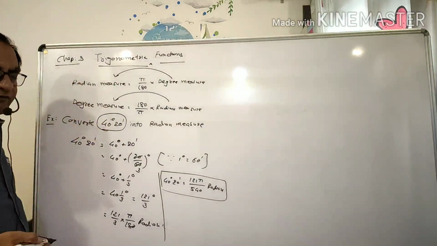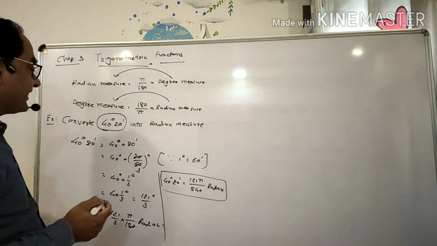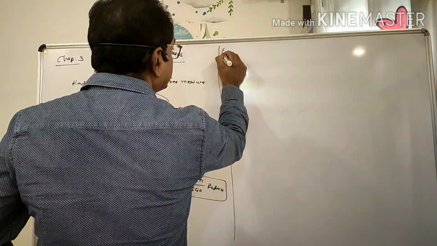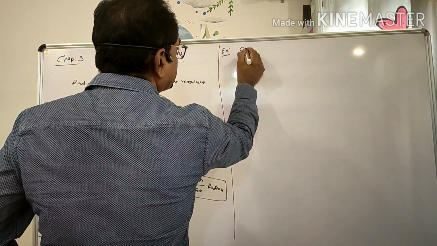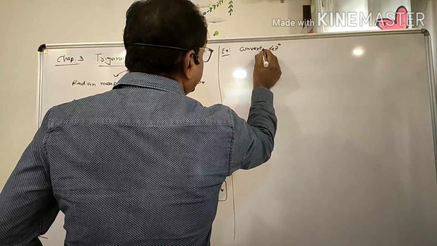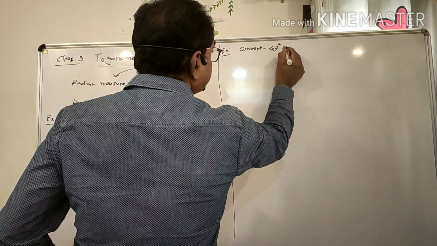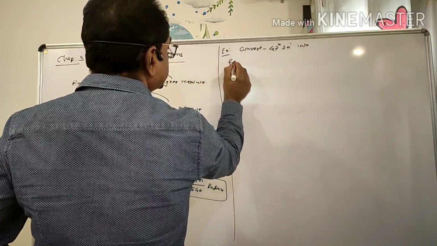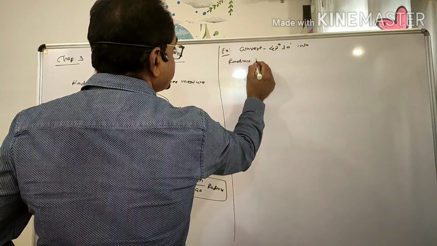I am just taking one more example also, that of a negative angle. Let's take an example: convert minus 47 degree 30 minutes into radian measure.